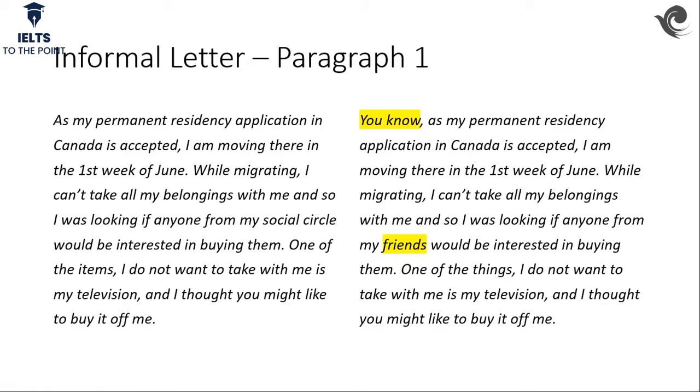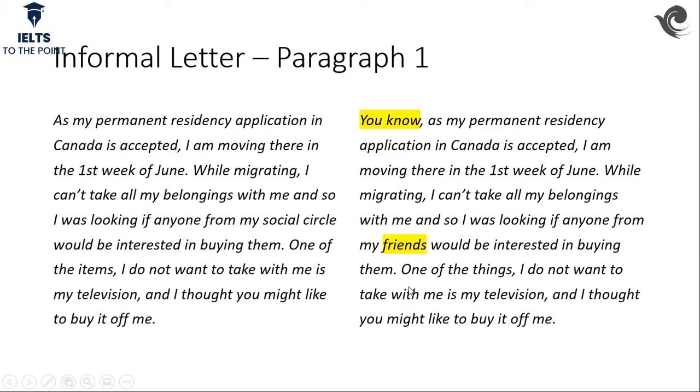Alright, and then when it comes to the next sentence, you are writing, while migrating I can't take all my belongings with me, so I was looking if anyone among my friends would be interested in buying them. Among actually is better over here, so I'll just change that.